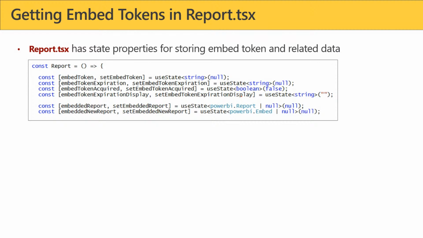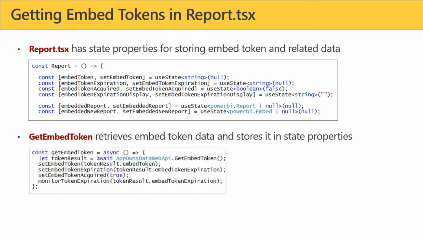And then there's something that I have a little bit for a demo wow, which is the embed token expiration display. And we're going to see how that fits in. Also, whenever report.tsx actually embeds a report and calls Power BI embed, and it gets that report object, it's going to save it into embedded report. And that's basically so that the toolbar has an opportunity to see that report object and program against it.